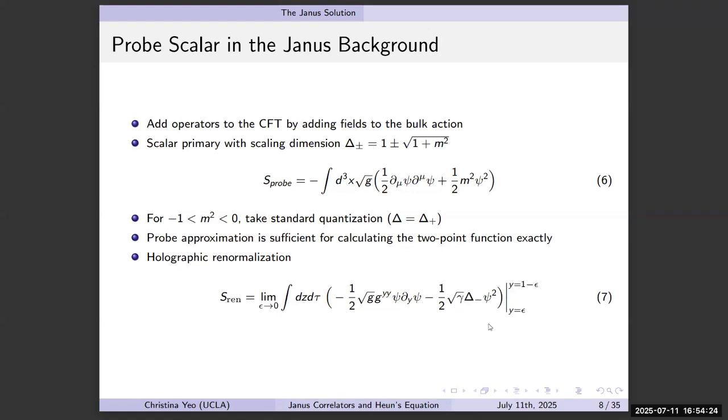Additionally, where is the rescaling of the metric? Rescaling of the metric? Yeah, normally you use the bulk metric. But to my understanding, we need to introduce the scaled metric at the boundary.